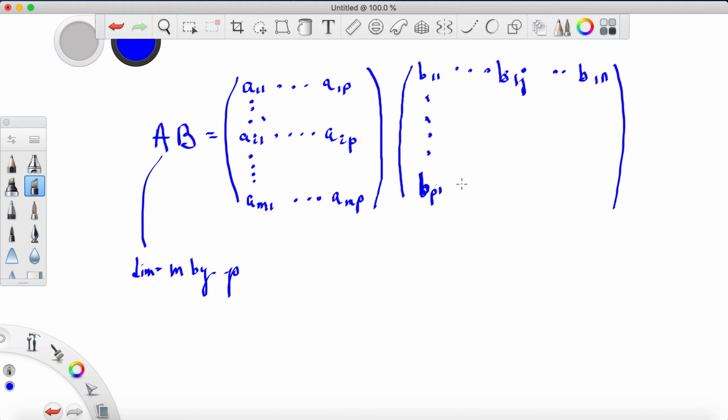So that's BP1, and we're going to go over to BPJ, and our final element is BPN.